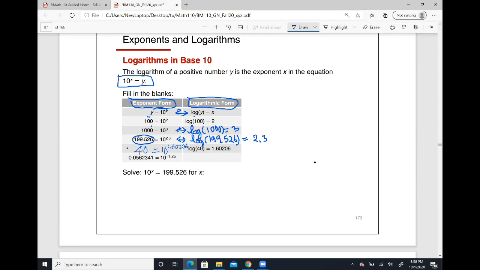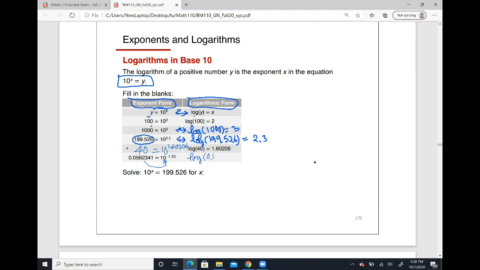Last one: I have log base 10 of 0.056234 equal to the power negative 1.25. That's going to be it.